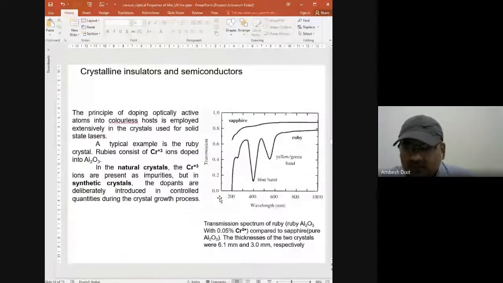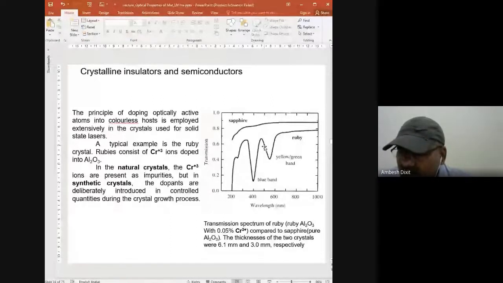Similarly, as I said in the beginning, pure sapphire is transparent over the entire wavelength range, from UV to the higher wavelength side as well, meaning lower energy. When you put chromium inside it, this is a ruby crystal, you see different transitions coming.